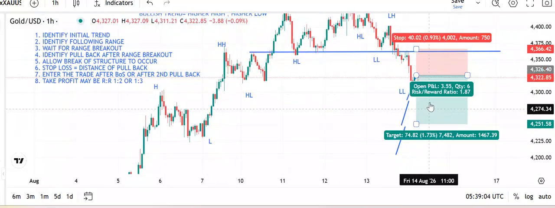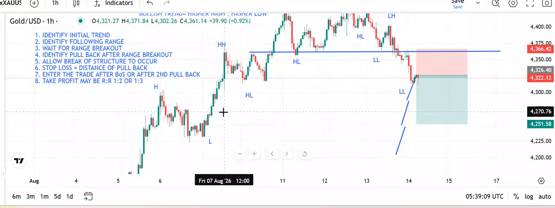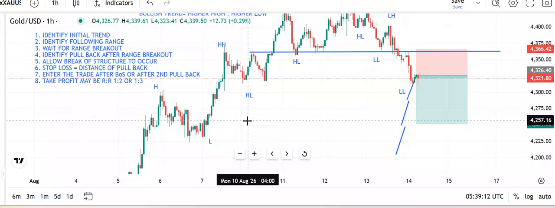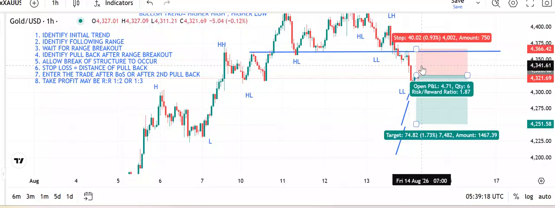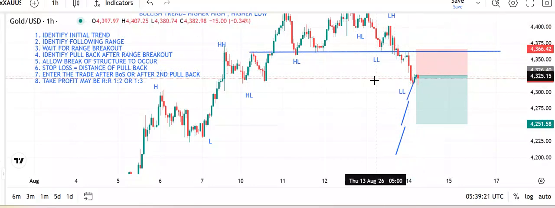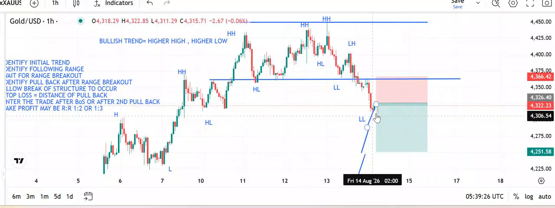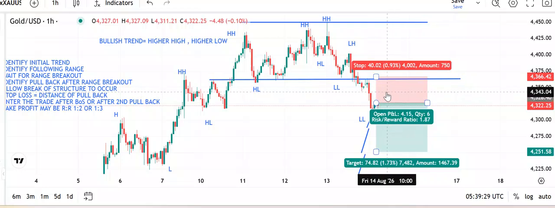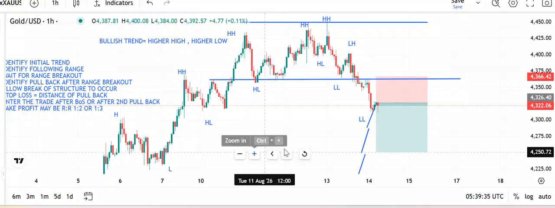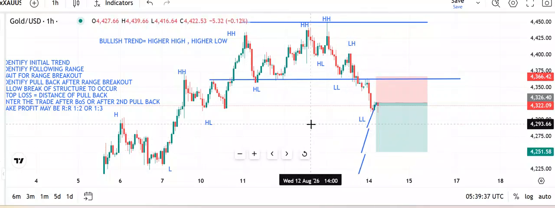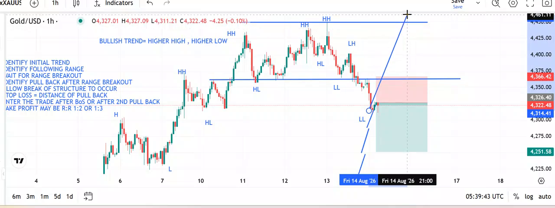We expect complete reversal, but this is a key area where we expect price to bounce, 4250 level, because of this newly formed trend or developing trend, bearish trend. Still developing. You might see a sizable pullback before price drops to 4250 level. And price, because market is full of uncertainty, price might decide to go back up.